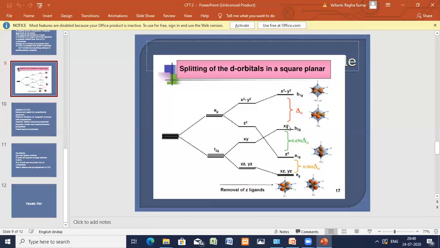So what is the definition of crystal field stabilization energy?